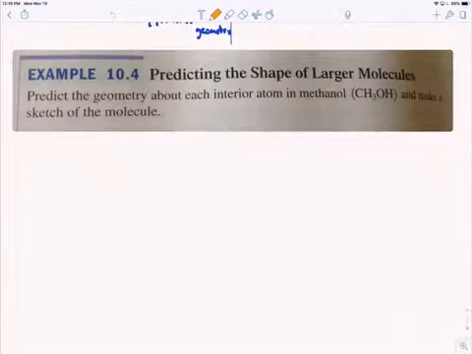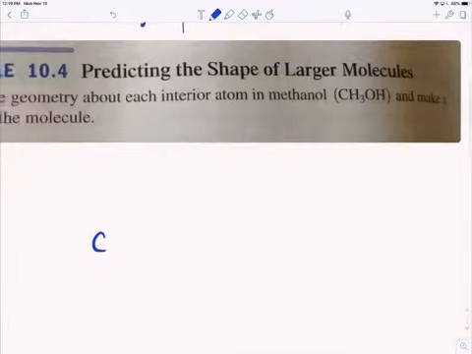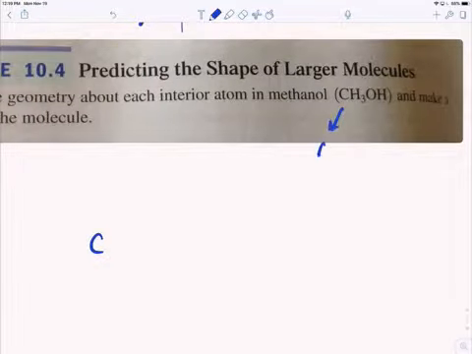What about a bigger molecule? So let's look at methanol, and let's predict the geometry. So CH3OH, well, let me count up the electrons. Carbon has 4 valence electrons, hydrogen has 1, oxygen has 6.